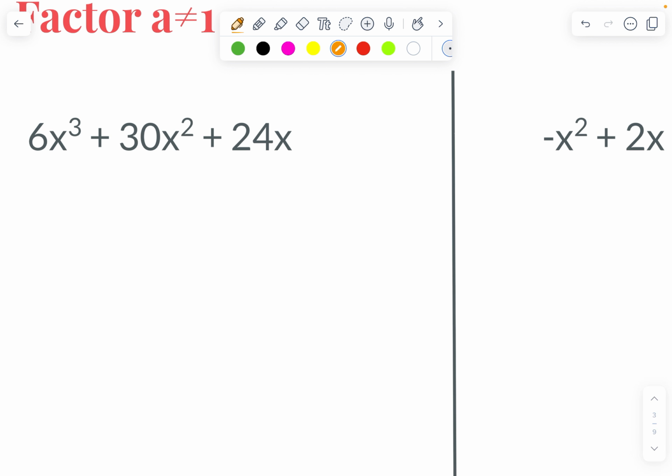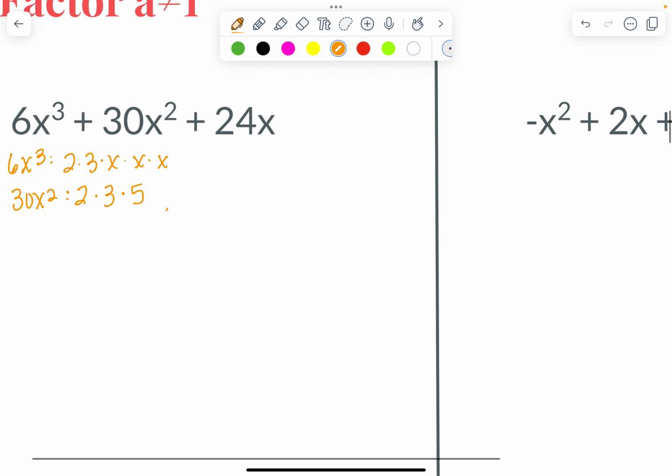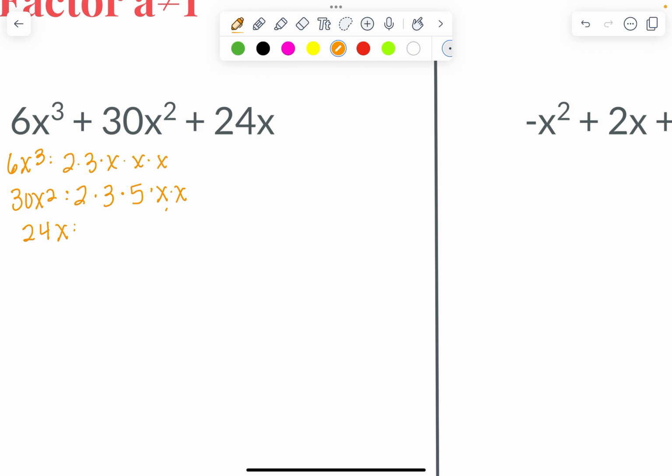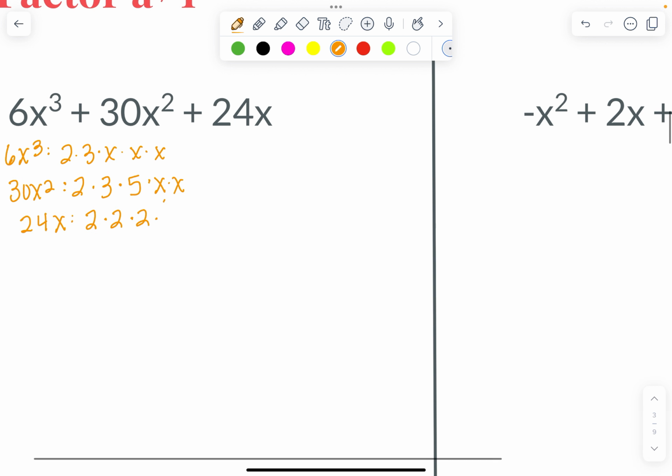Let's look at this one. 6x to the third, 2 times 3 times x times x times x, 30x squared, 2 times 3 times 5 times x, and then 24x, 2 times 2 times 2 times 3 times x.